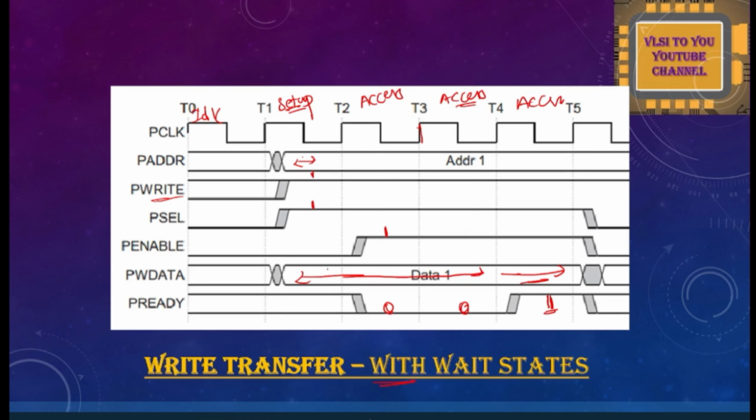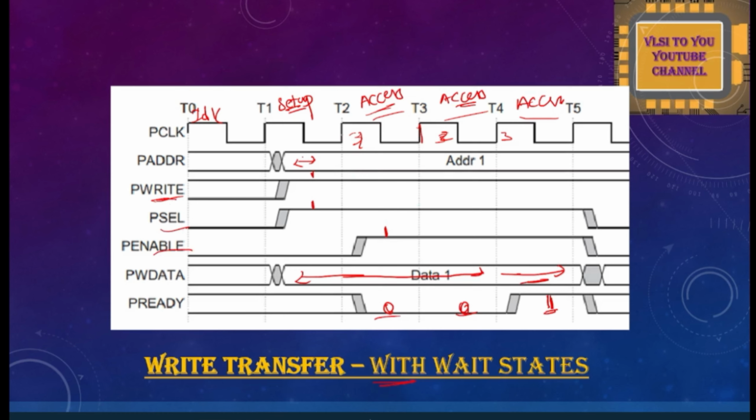During this entire waiting period, if you see here, the access state lasts for 3 clock cycles continuously. That means the master is waiting for 3 clock cycles, 1, 2, 3, before transferring the data, because PREADY is 0. So during this waiting period there shouldn't be any changes in PWRITE, PSELECT, PENABLE, and also in the data.